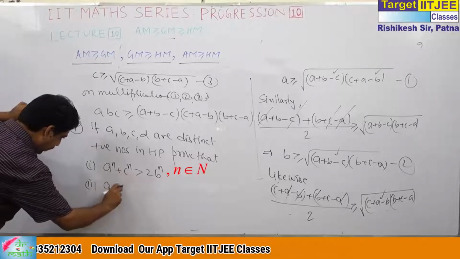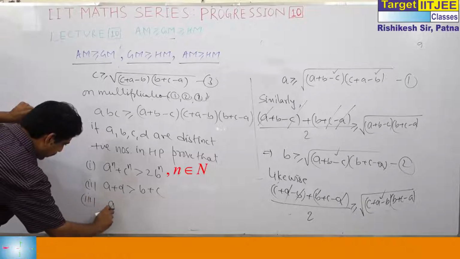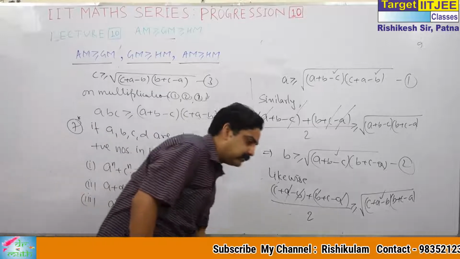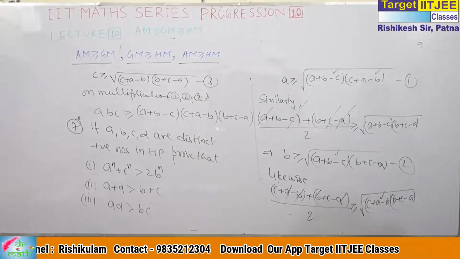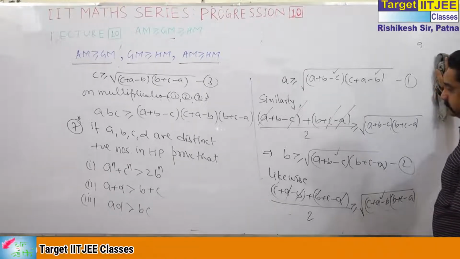Number 2, A plus D greater than B plus C. Number 3, AD greater than BC. Let me do one by one. If you want to write something, you can write, but let me do one by one.